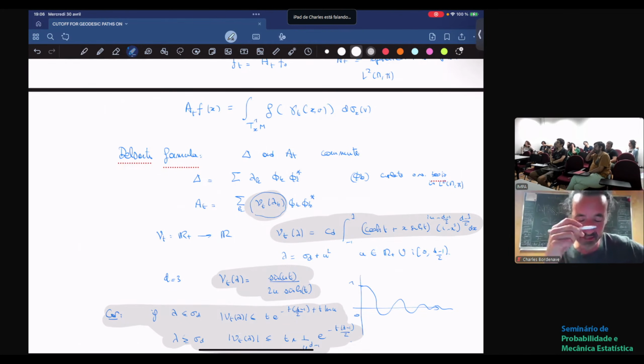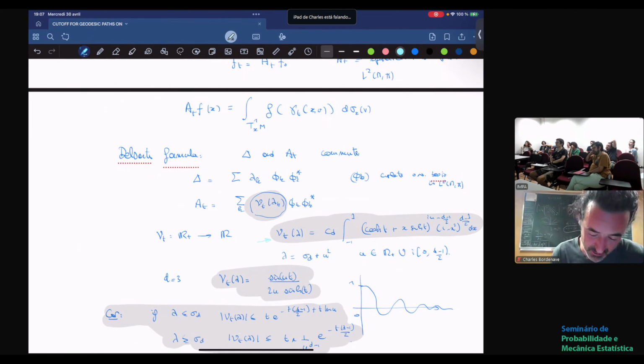And since I knew that the analog of that in the discrete graph was an explicit formula, I thought it should be possible to write down an explicit formula for general hyperbolic manifolds. So this is the simplest expression that we could get.